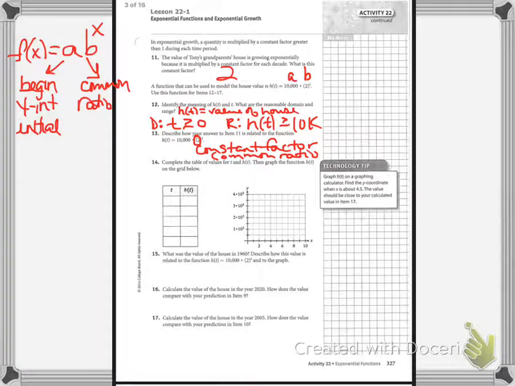Complete the table for function h of t. All right, well, we started with 1. You can also start with 0, so for 0 you would have 10,000. It's the same exact table we had previously, where we had that constant factor of 2, so it's just doubling each time. Now, I want you to notice the notation here: 1 times 10 to the 5th. 10 to the 5th is going to be 10,000.